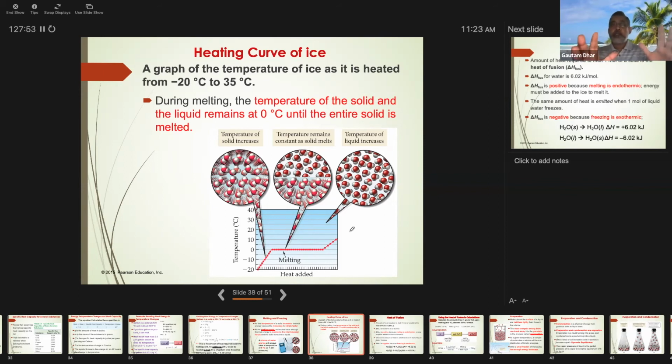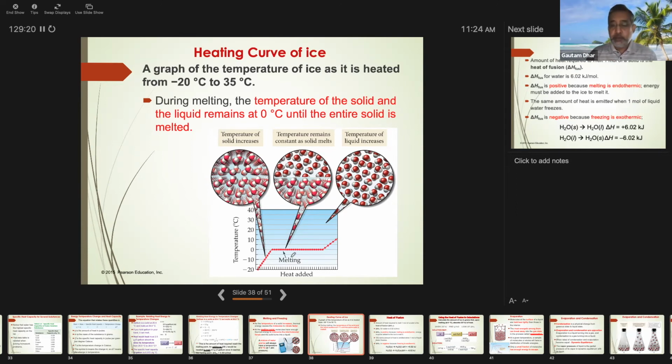This horizontal part of the melting curve is where the ice is melting. This is how all heating curves will look when there's a phase transition. At boiling, the temperature will again go constant. And this is the general nature.